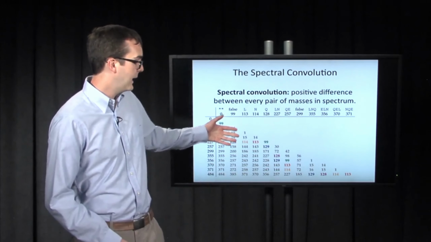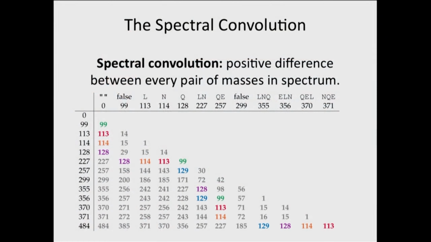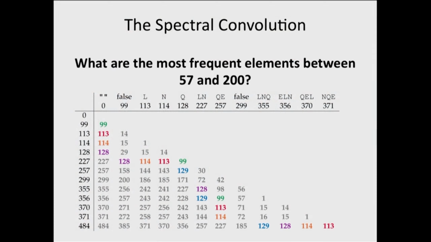Now, I've highlighted certain masses, and I'll tell you why. The reason is we want to ask what are the most frequent elements between 57 and 200? Because remember, with E, we picked it up in a number of different places, 3 different times. And there's a good chance that's going to give us what the amino acids should be.